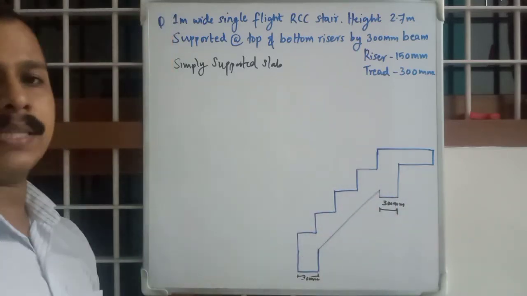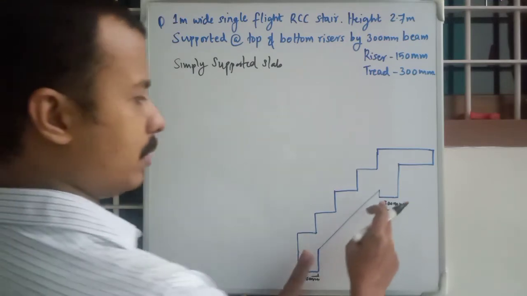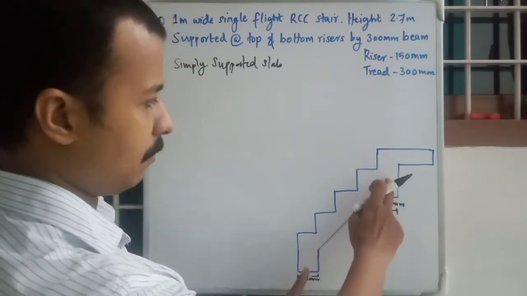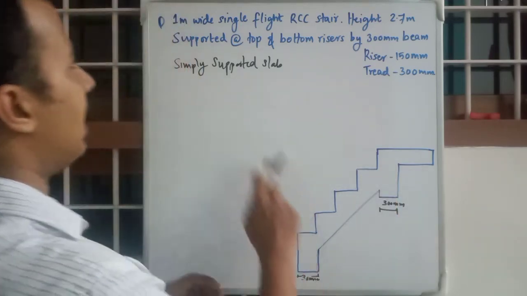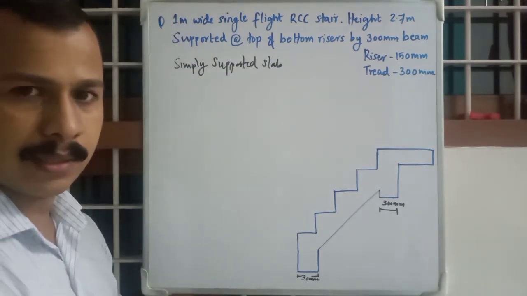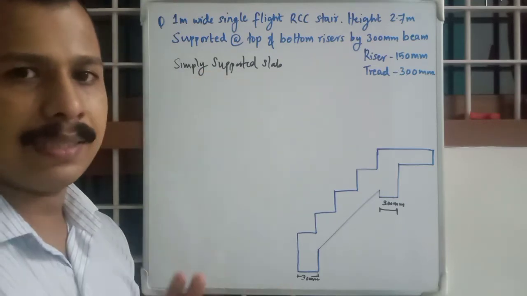We know how we design a simply supported slab. The dimensions of the slab will be: we can find the effective span from this point to this point, and we have the width, which is 1 meter. Simple as that. We will be designing it as a simply supported slab.